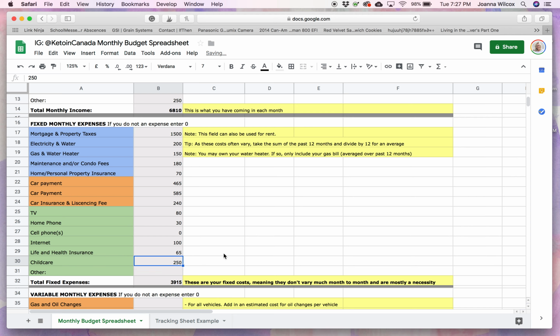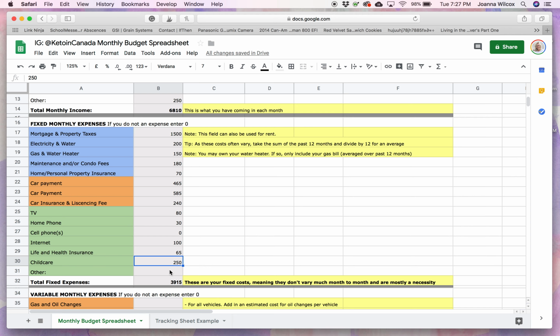And that $250 is to help cover, and I want to save it monthly to make sure that I have money when it comes to summer camp, or paying for PD days or spring break camps for the kids. Those costs sneak up on you. So if you expect to pay for childcare at some point during the year, you should plan for it.